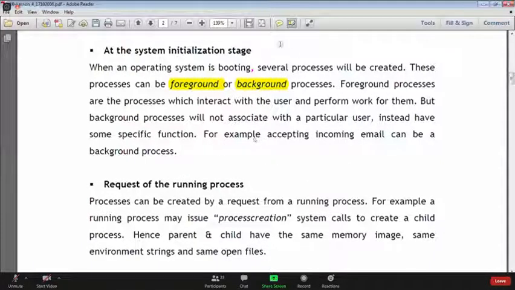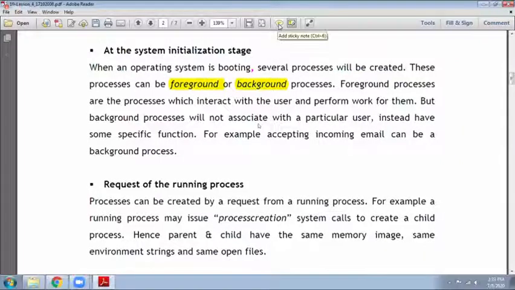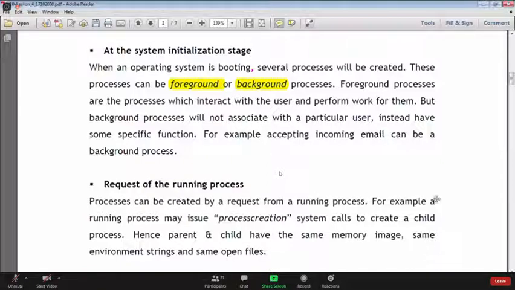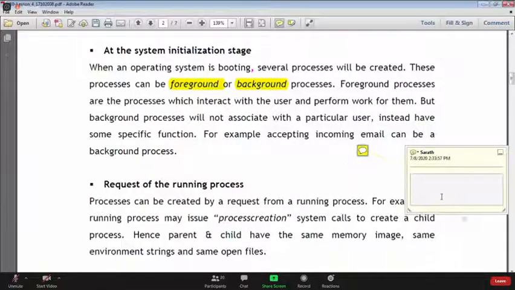Someone should answer, otherwise I don't know. Okay, fine. Can you see a note here? Not appearing. Is it visible? Yes, sir, yes.